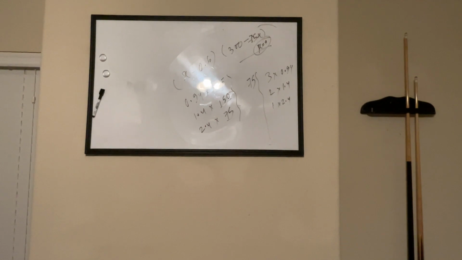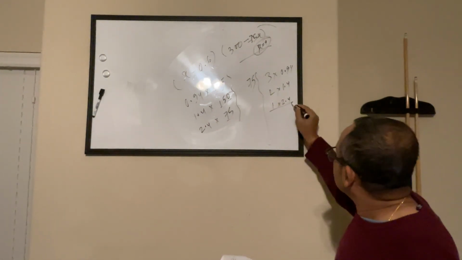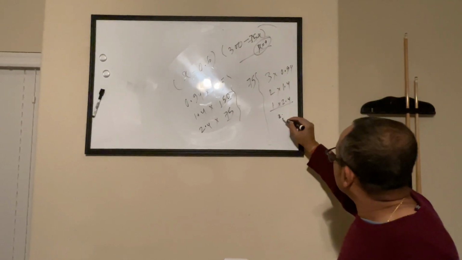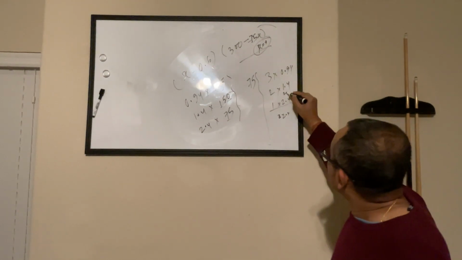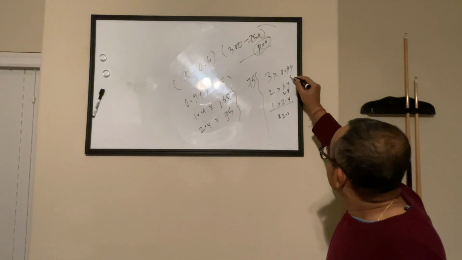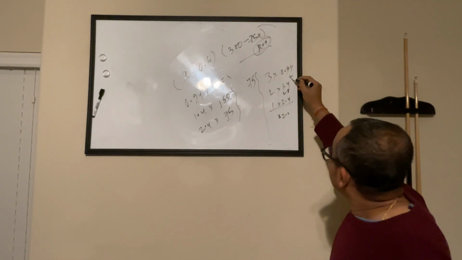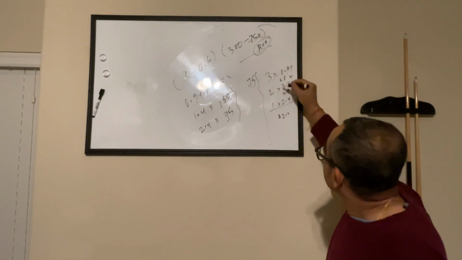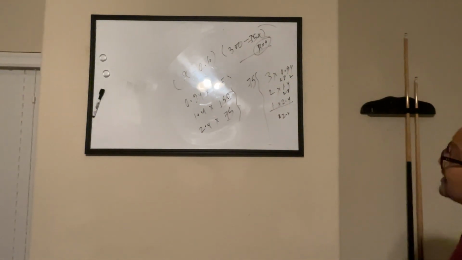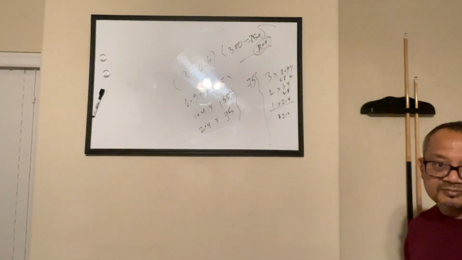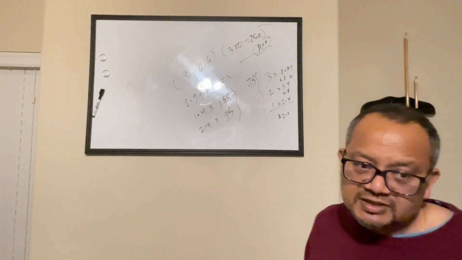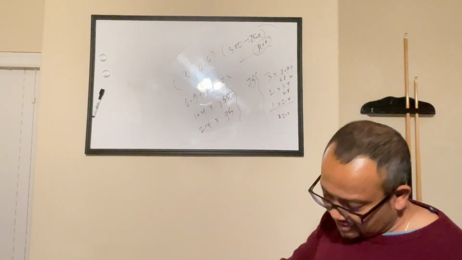B, I doubt. This is 2.4, this is 2.8, this is 3 4 12, plus 128. Yeah, it'll be C. But let's just check, that is what I am getting.